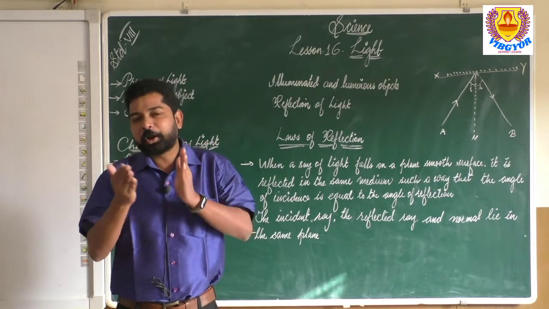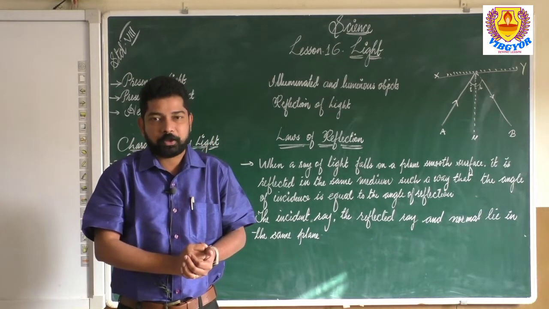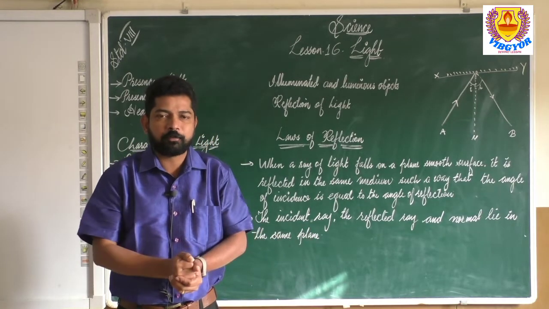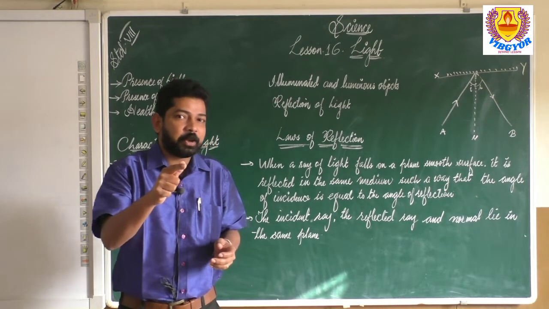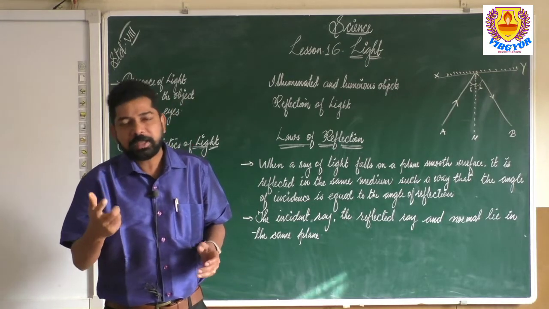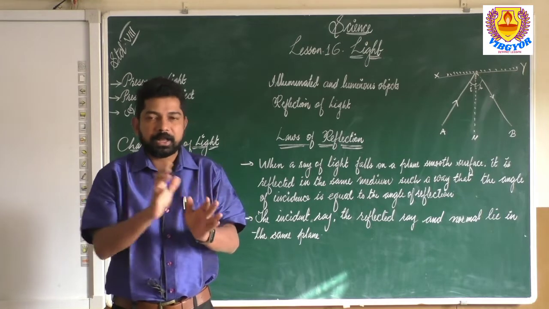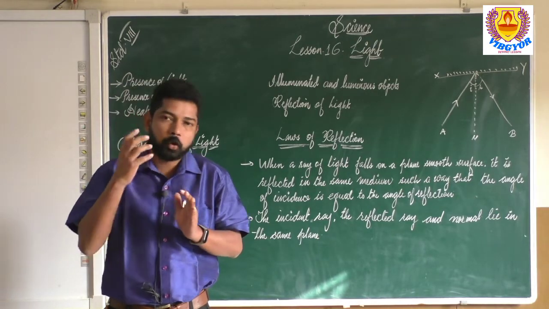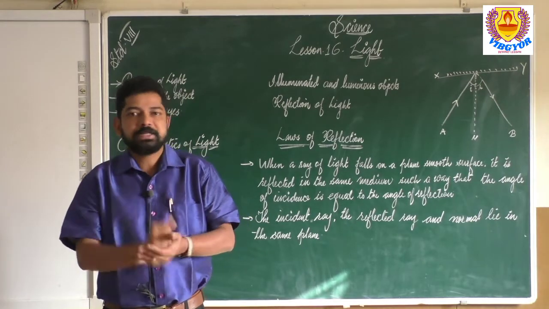No medium is required for light, it can travel through vacuum. So no medium is required for the propagation of light. And the speed of light, we said, is 3 lakh kilometers per second. That's the speed of light in vacuum. In air also the speed is almost the same, nearly 3 into 10 raised to 5 kilometers per second. That means 3 lakh kilometers per second.